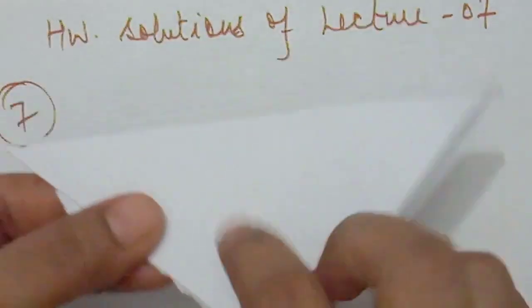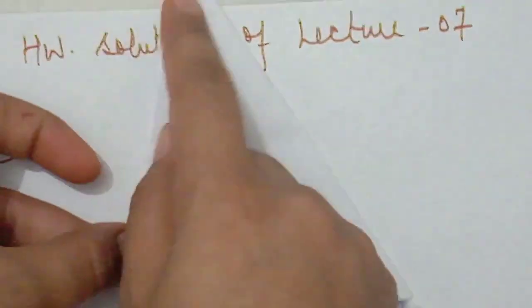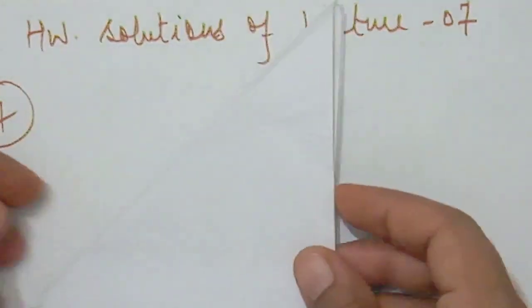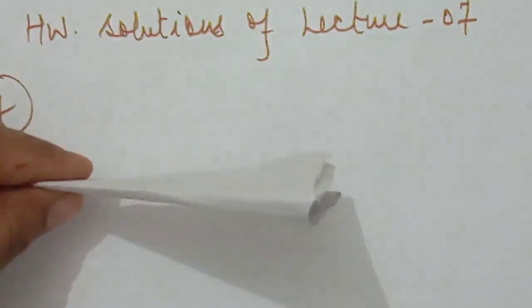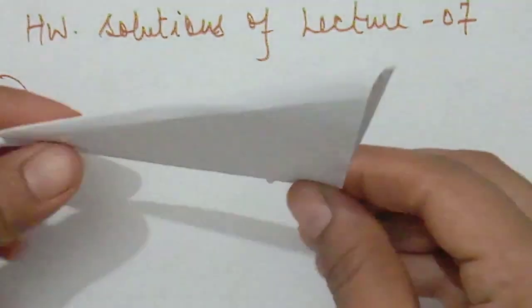See, this is a right triangle. If we stand it like this, this is the perpendicular, this is the base, and the hypotenuse. According to the question, if we stand it like this, then it is revolved around the side 12 centimeters.